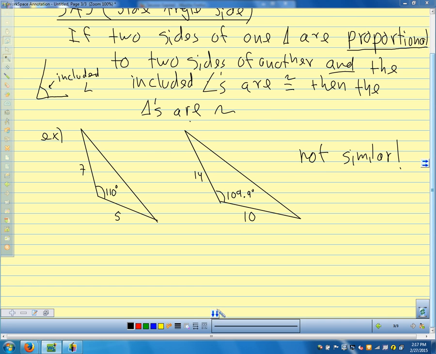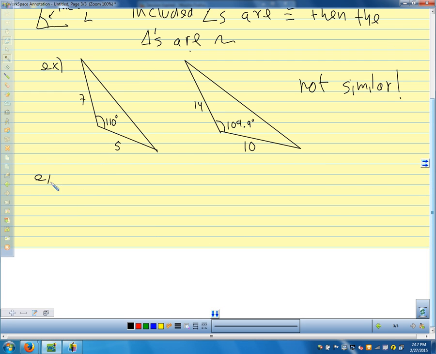All right, another example of this. So here we have a 35-degree angle and a 35-degree angle.